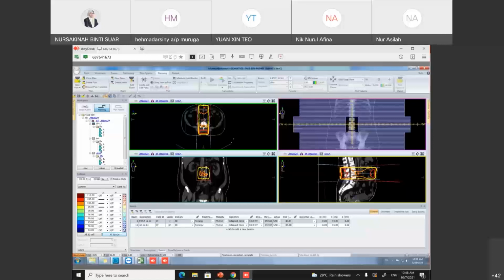This is a very normal thing, and the RTOG criteria mention at least 95% coverage of the tumor area. So for this color, the yellow color is 95%. So we are actually already covering 95% of the treatment area.